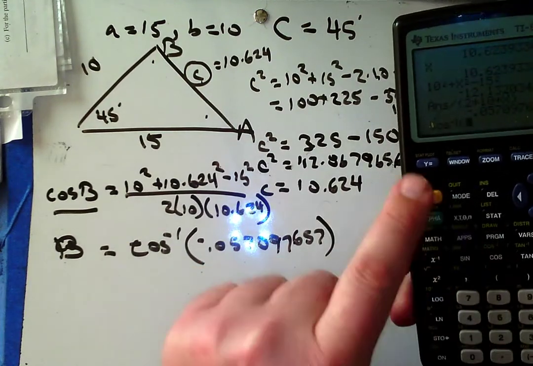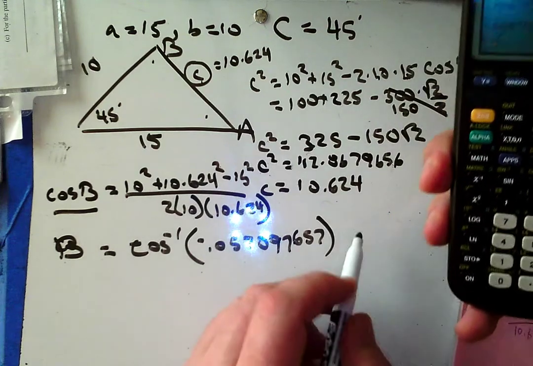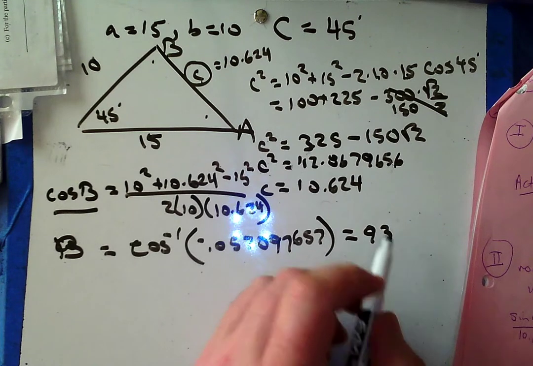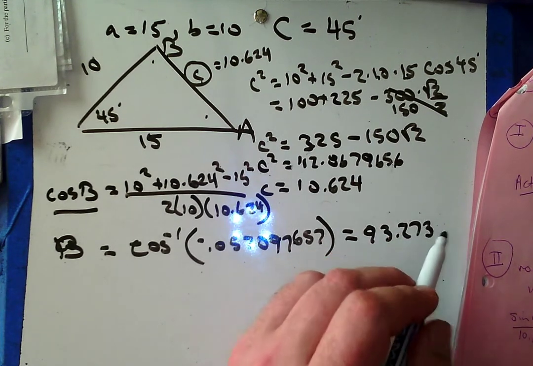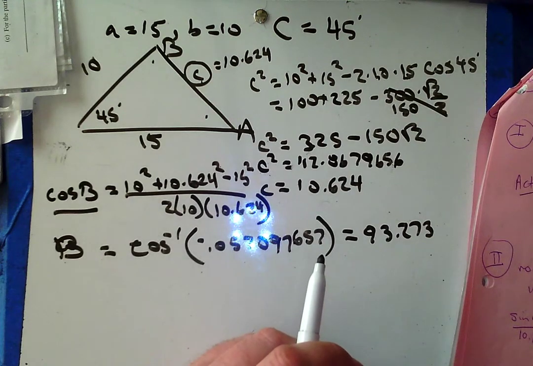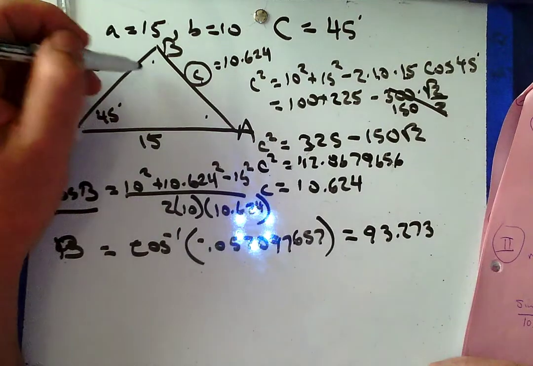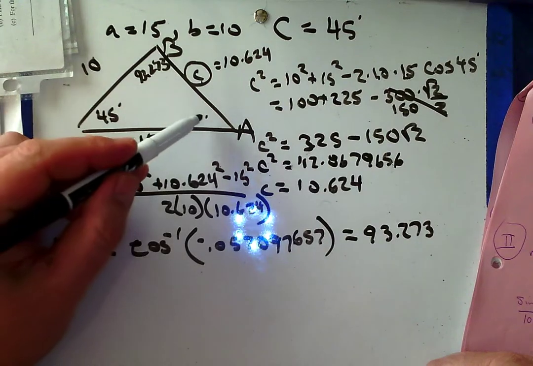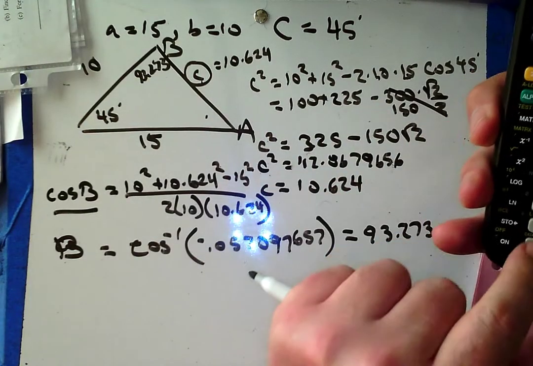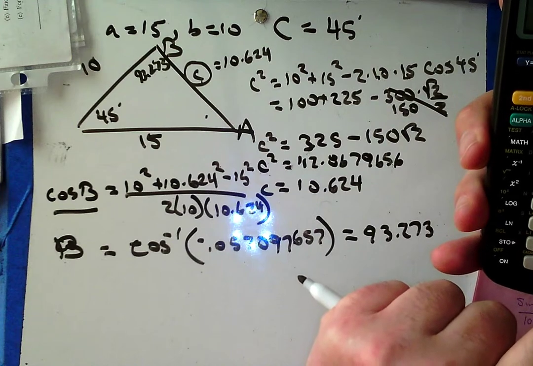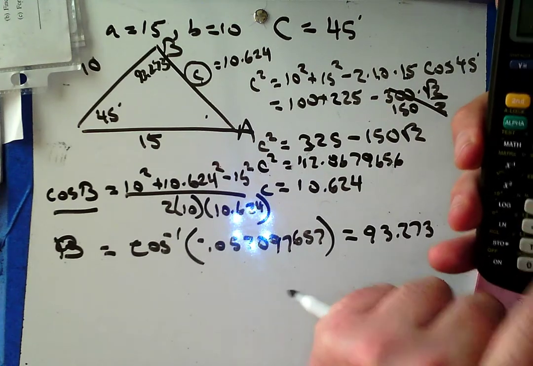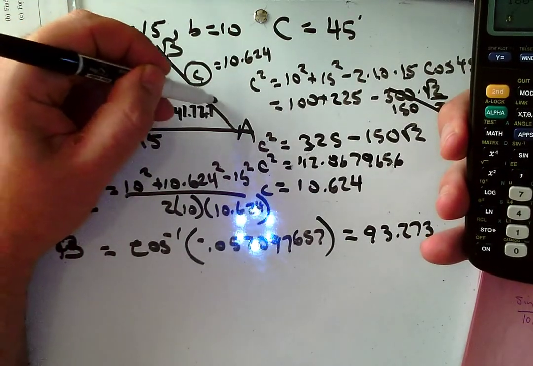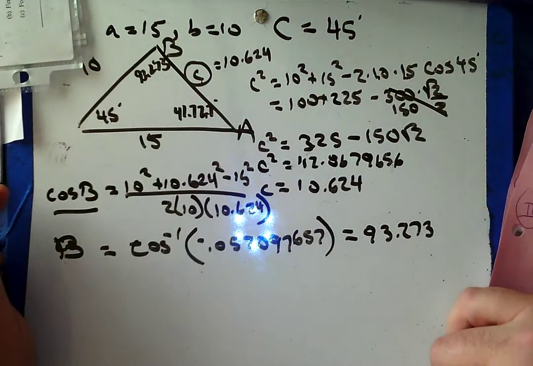Okay, inverse cosine, and lo and behold, I get 93.273 degrees. 93.273, and we can subtract these two angles from 180 to find our missing one. 180 minus that 93 degrees minus the 45 degrees, and I get 41.727 degrees. Great, and so these are the solutions.